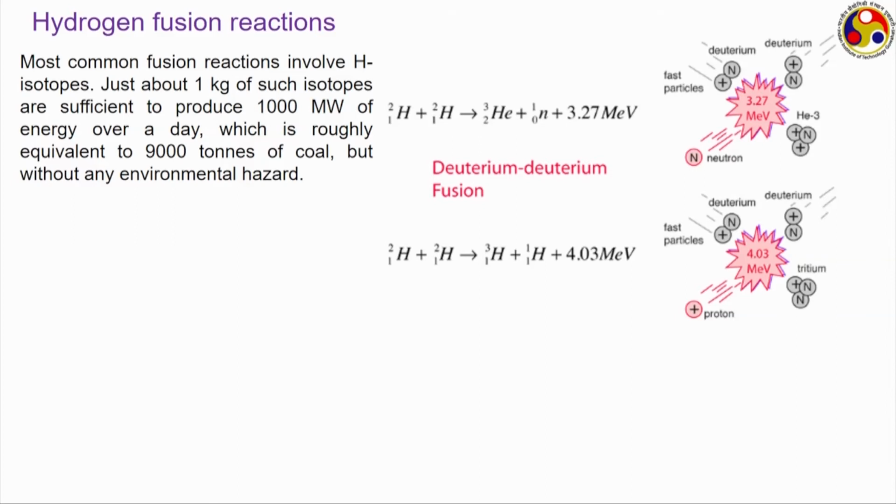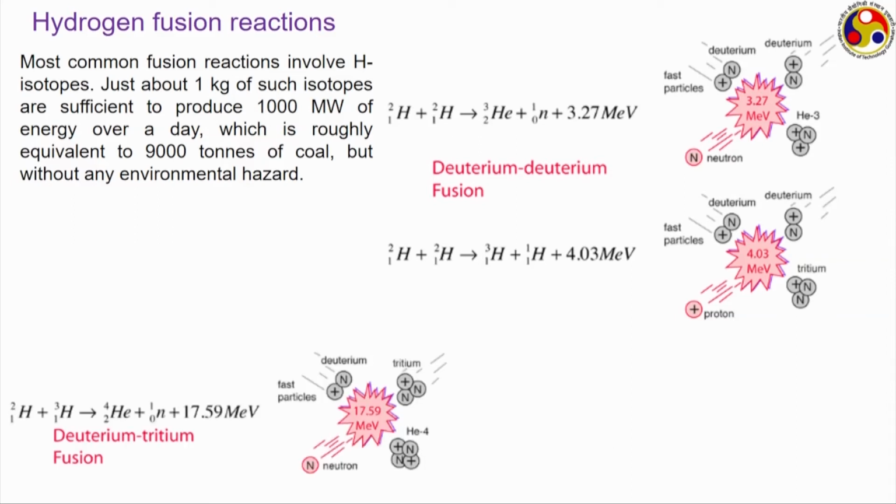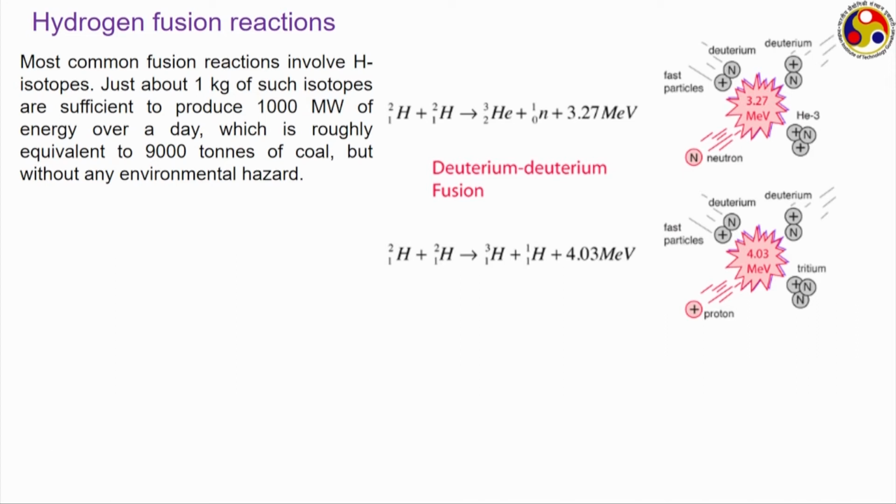Now, what are the possible reactions we can have? Deuterium can combine with itself. In a common deuterium-based reactor, we can have deuterium reacting with itself, and there are two kinds of fusion reaction possible involving only deuterium. The first one produces 2He3, one isotope of helium, plus a neutron, and it gives 3.27 MeV of energy.